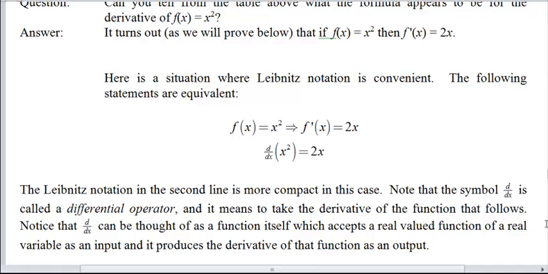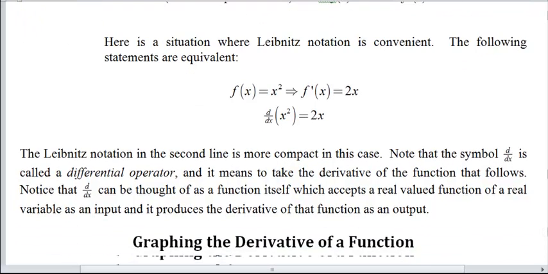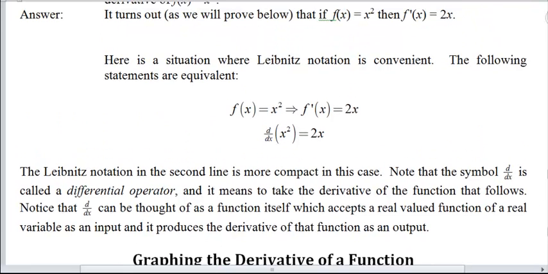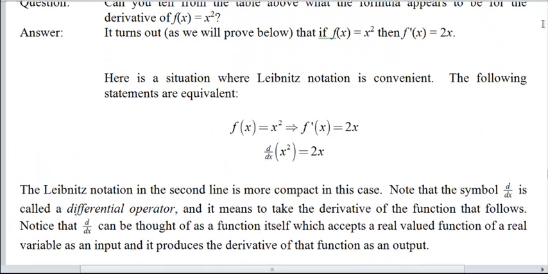And then it accepts all kinds of functions as inputs and outputs their derivatives. Of course, these functions are functions of a real variable. Okay, so now we can think of the derivative, not only derivative at a point, which is a number, but the derivative of a function, which gives us an entirely new derivative function.